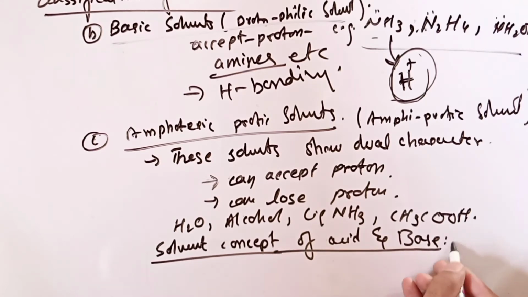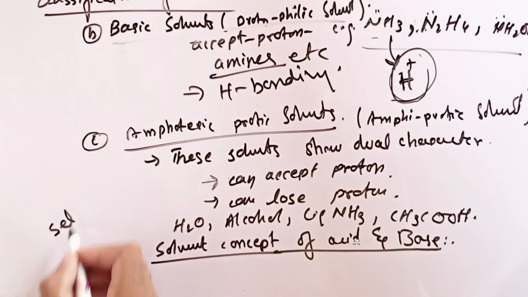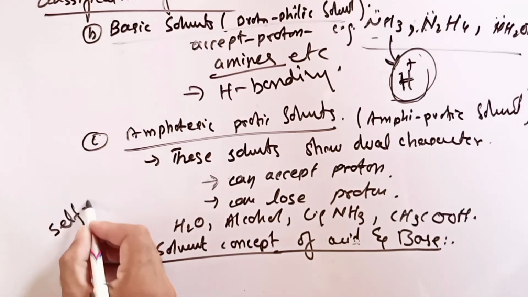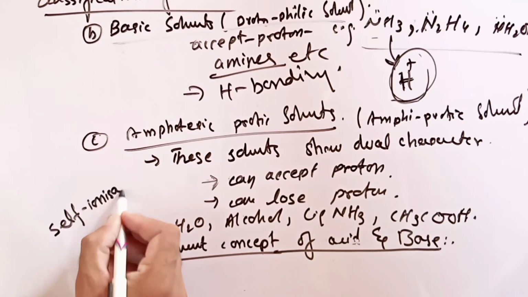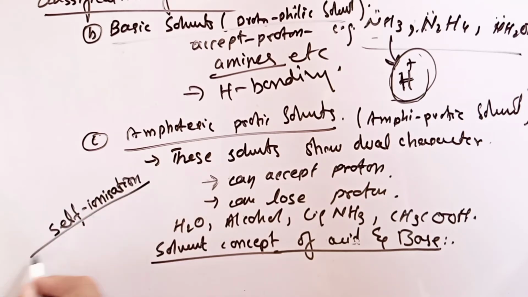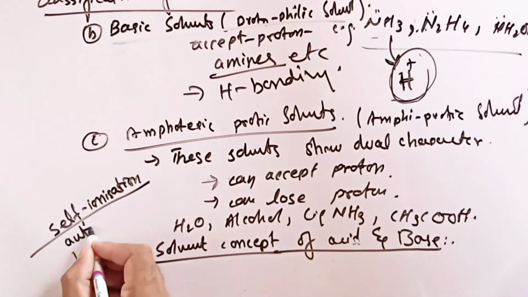Please concentrate on this point. According to the solvent concepts of acid and base, one term is used. First of all, you need to know what self-ionization is. That is a very necessary term for the solvent concepts of acid and base. Self-ionization is also called auto-ionization.